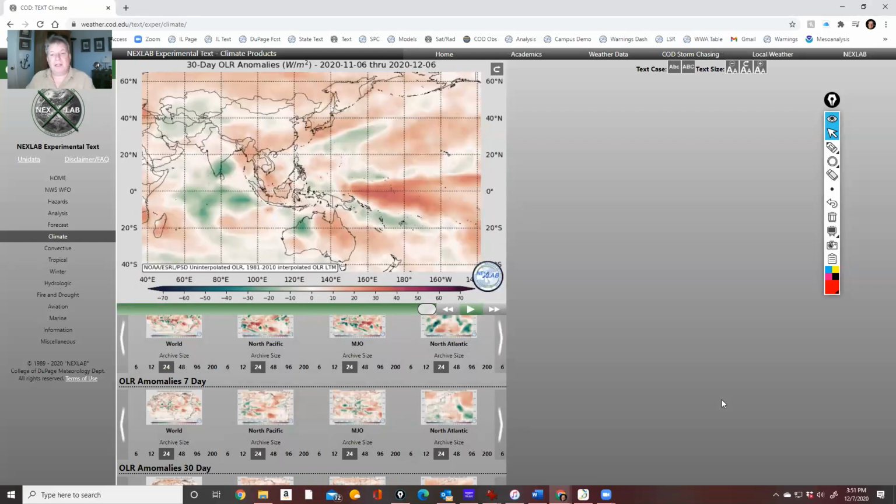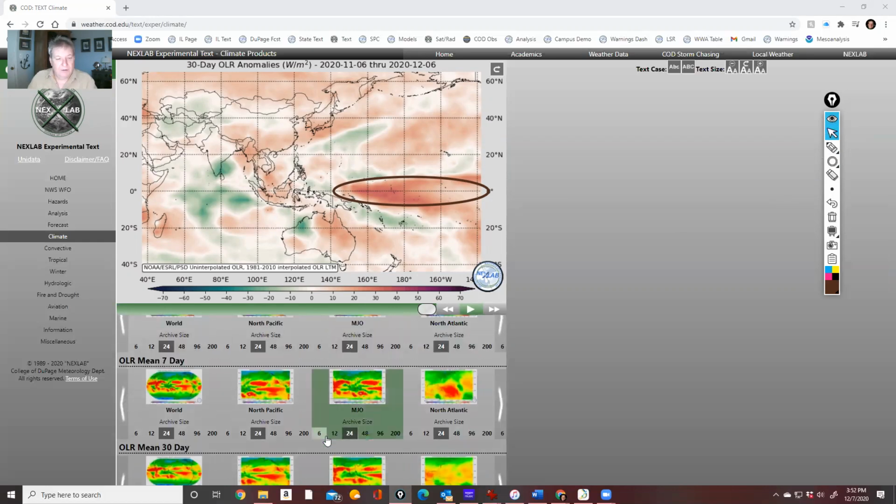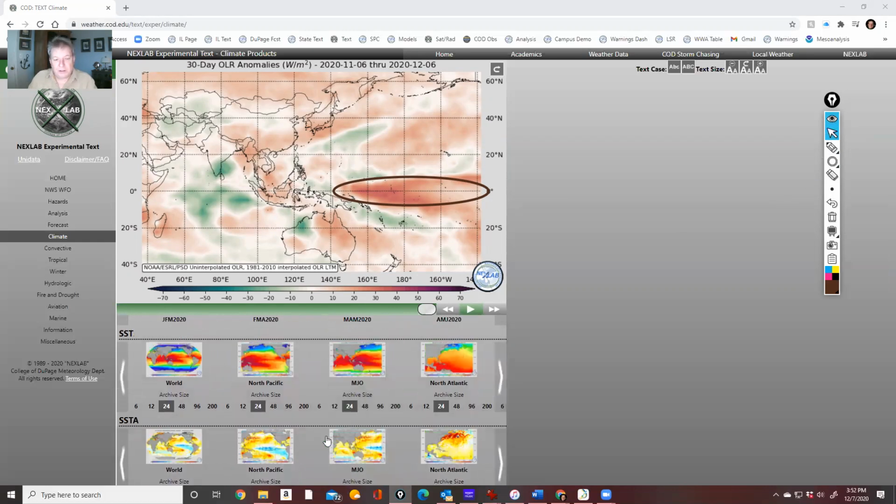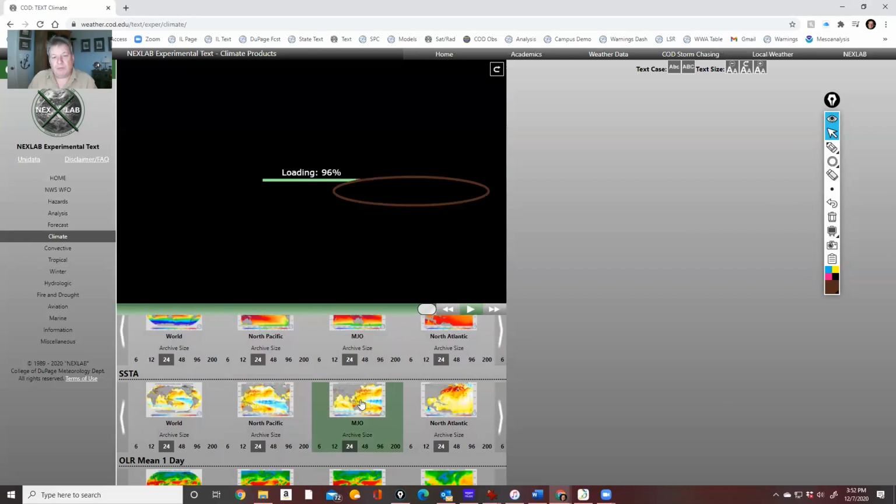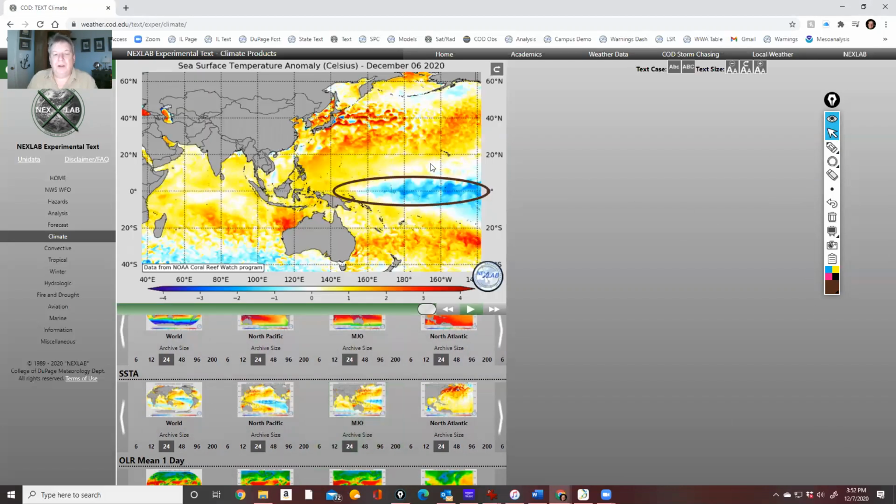And for the last month, we are seeing definitely drier than normal conditions throughout the Pacific, which is what we'd expect because right now, what are we in? I'm going to go ahead and give you our sea surface temperature anomalies for that same region. And sure enough, we're in a La Nina.